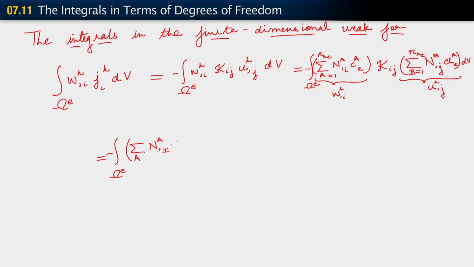This times Ci comma little I, okay, multiplying C A E, okay, kappa ij, open parentheses again, sum over B, abandoning limits, NB, comma, capital J, C J, comma, little j, D, B, E, dV.